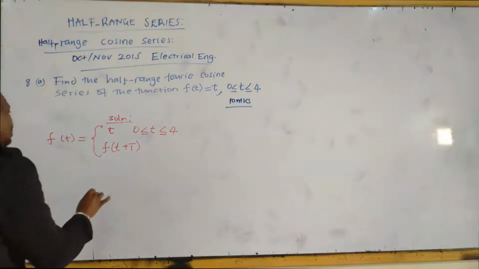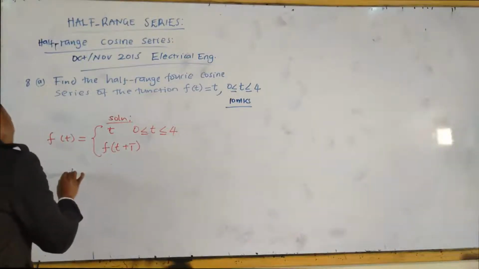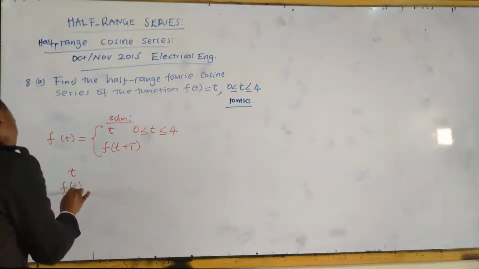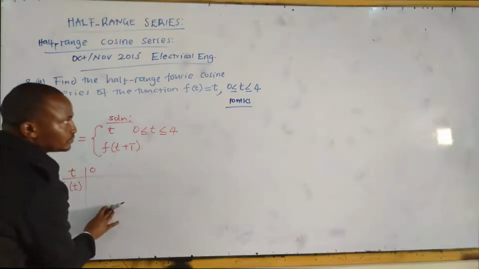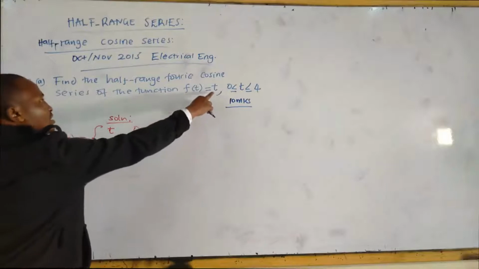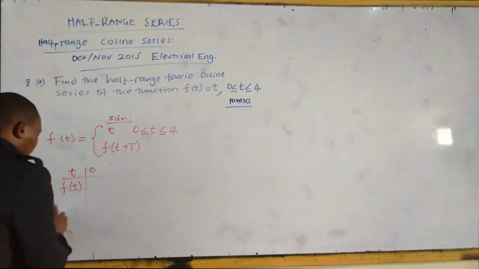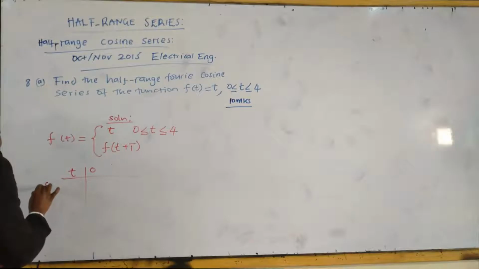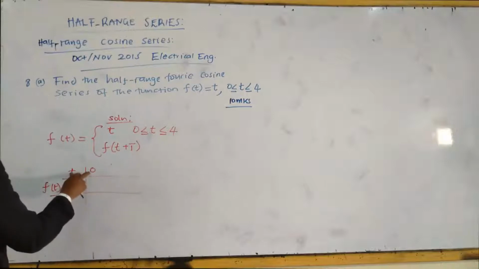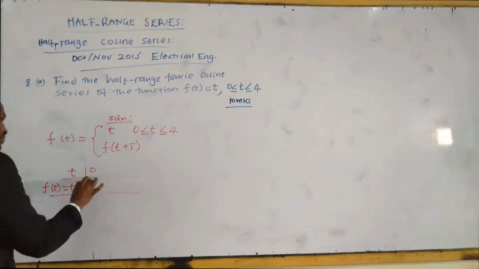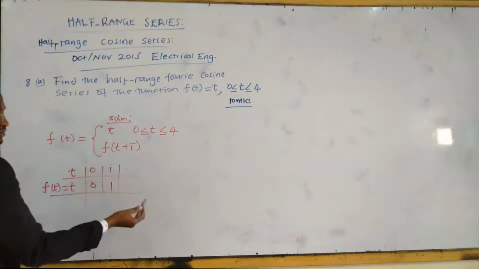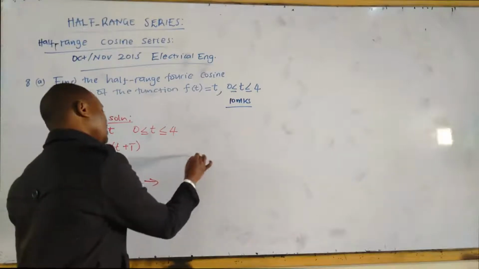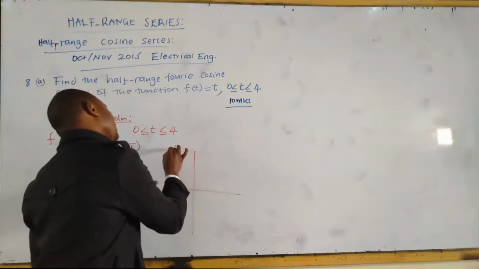I'll sketch. Here I have t, we have function of t. At t equal to 0, if you put 0 here, function of t is equal to t, so you get 0. At say 1, if you put 1 here, you get 1. That is enough for us to sketch. Now we can sketch this function of t.